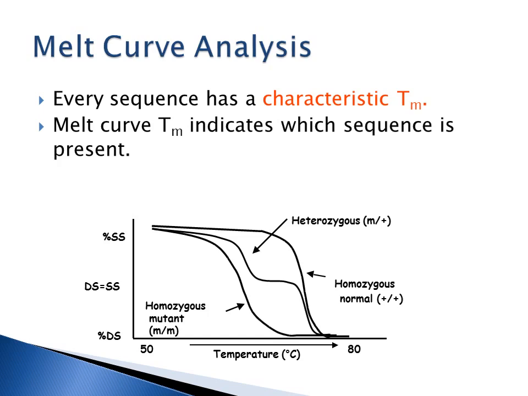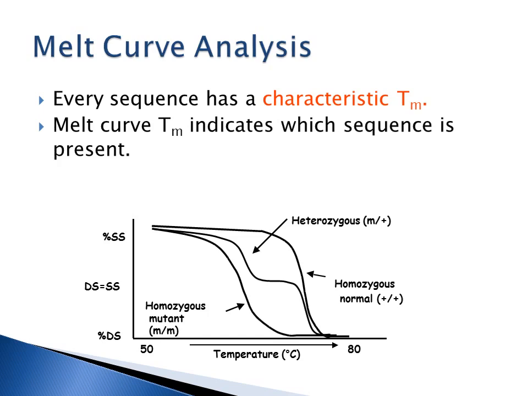So your melting curve, as you increase your temperature, depending on what sequence is there, whether it's homozygous mutant, or normal, or heterozygous, the nucleotides are going to differ between those situations, and your curve is going to differ as you increase the temperature.